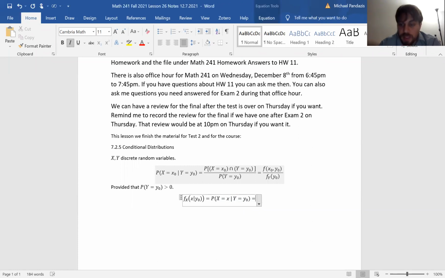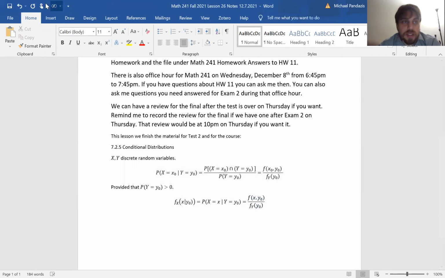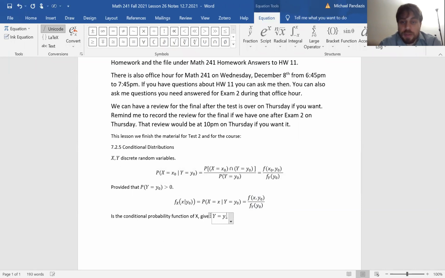That's equal to f of x comma y naught divided by f sub Y of y naught. So it's the probability X equals x and Y equals y naught divided by the probability Y is equal to y naught. So this is the conditional probability function of capital X, given Y is equal to y naught.